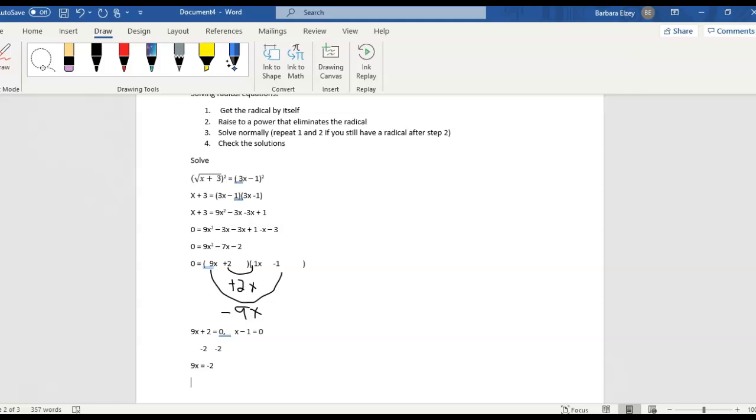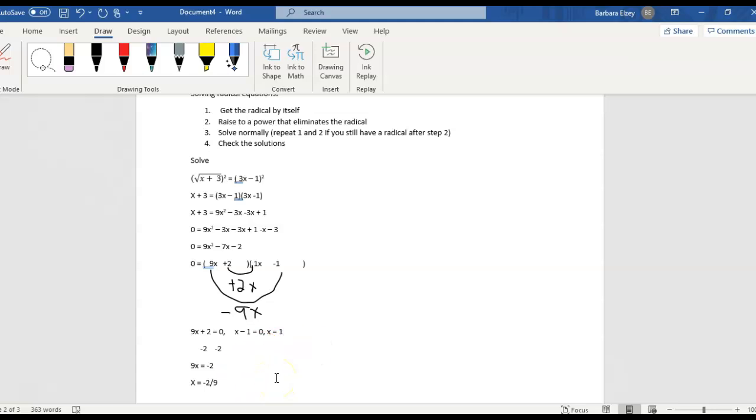And dividing by 9, we get x equals negative 2/9. And then for x minus 1, I just need to take the 1 to the other side, and we get that x equals 1 is also a solution.